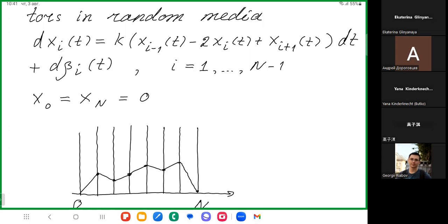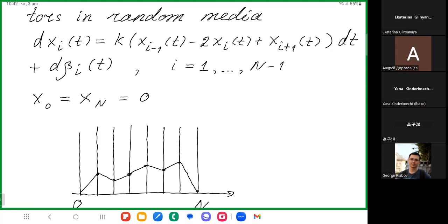So we can see this term which is responsible for interaction, and we can see the noise beta i. Then, when we add the same term which pushes every particle to its position at the origin, we will get a stationary solution for this equation.